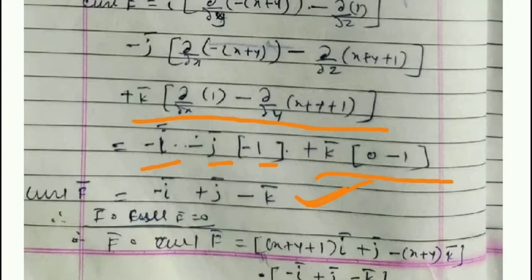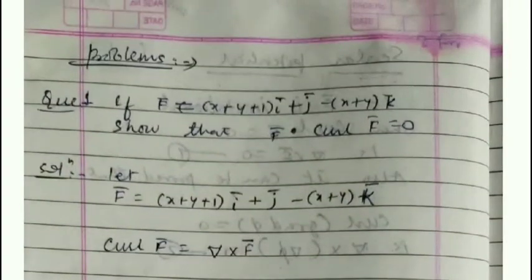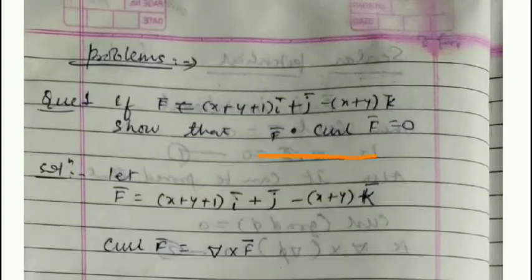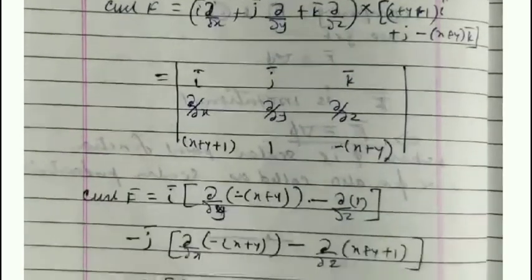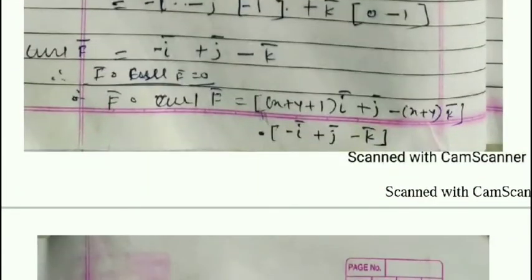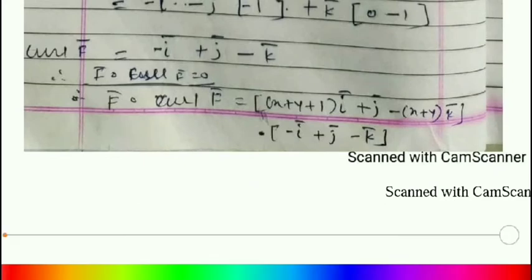Now we are given that we have to show that f dot curl of f bar equals 0. That means we have to solve it and prove that the value of f dot curl of f bar equals 0. Okay, so now calculate f dot curl of f bar.